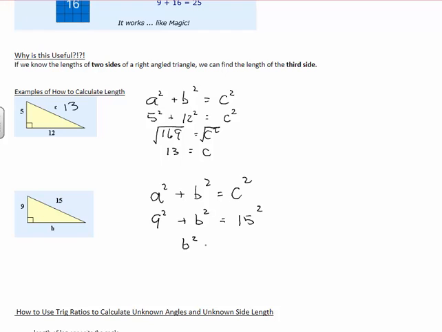And now we just have some algebra and some isolating in order to be able to solve. We square root both sides, square root the b, square root the 144, and our answer is 12 units. So the side length b here is 12 units long.